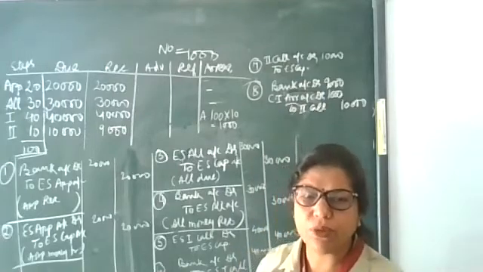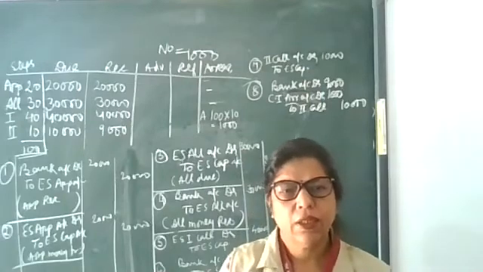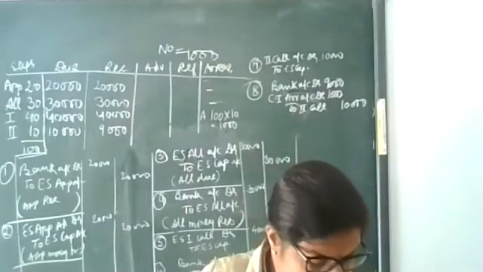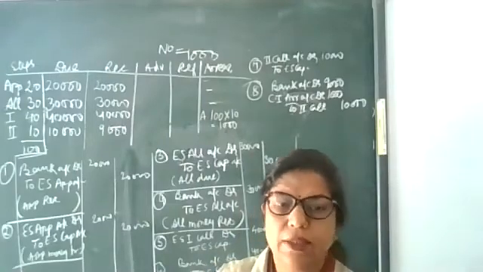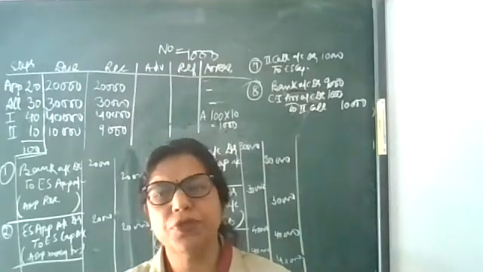Now children, I am going to explain four features. After completing eight general entries, we have to do the forfeiture. What is the meaning of forfeiture?